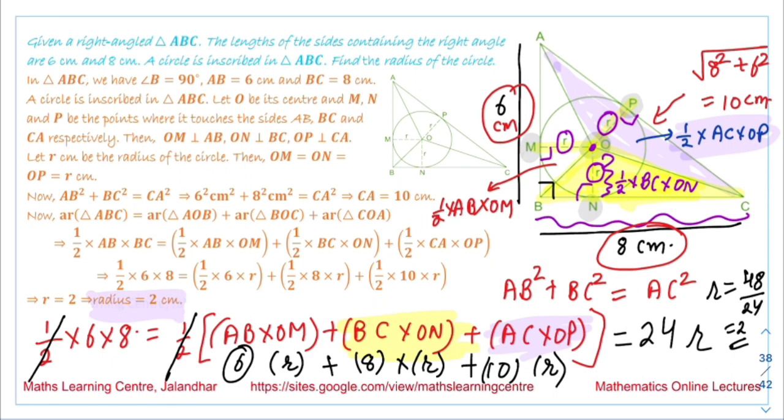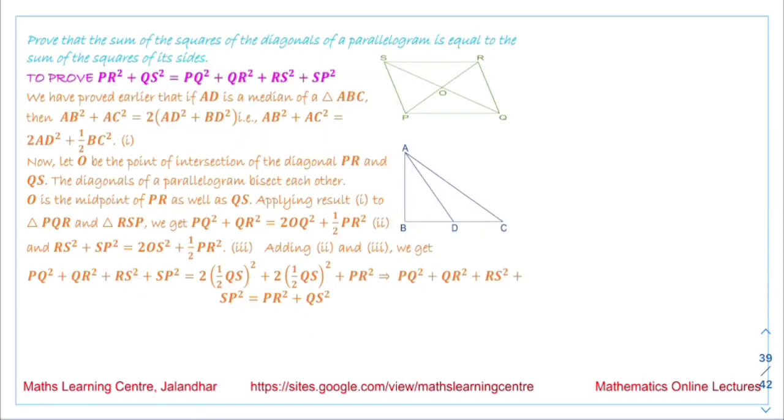Now next we have to prove that the sum of the squares of the diagonals of a parallelogram is equal to the sum of the squares of its sides. To prove this result, we consider a triangle ABC, and AD is the median of this triangle.